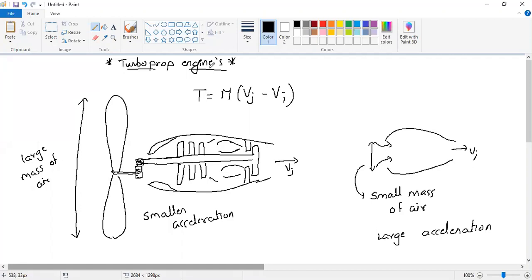Yeah, tell me. Sir, I came across an engine which has inlet in the mid section of the engine. Inlet in the midsection of the engine. So from the sides it enters. That is called as a side entry. You will see mostly in the helicopters, because there is no space.